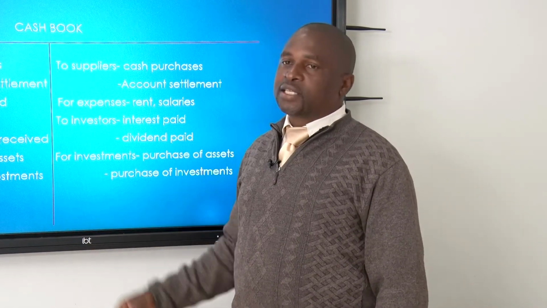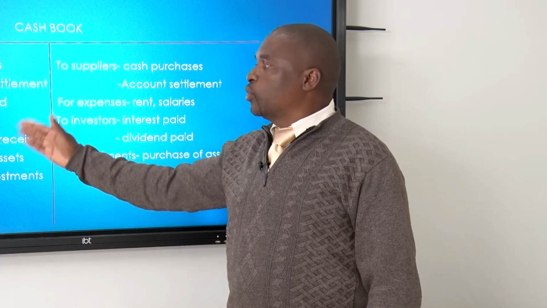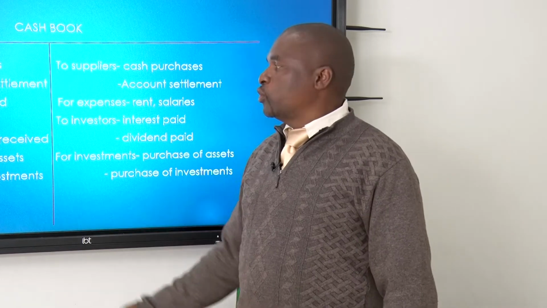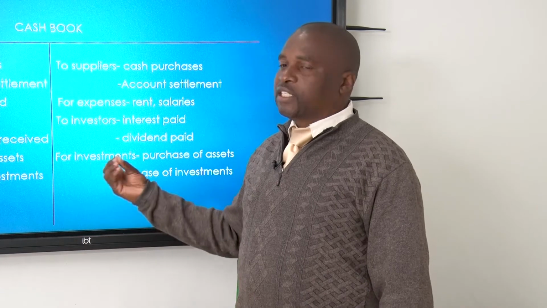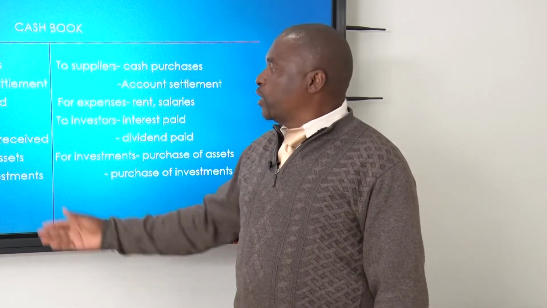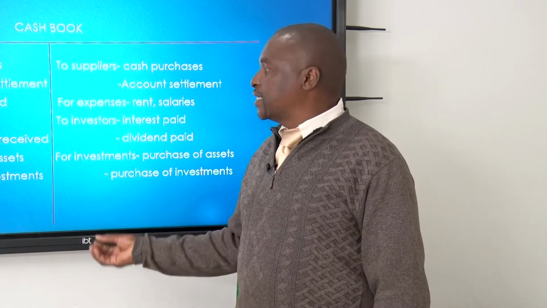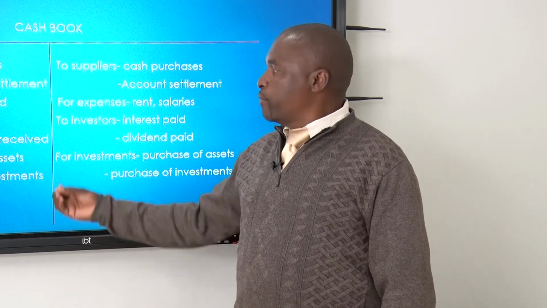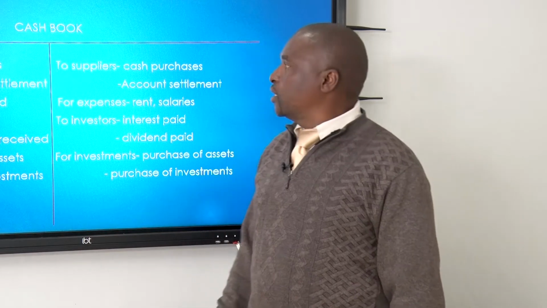So this rent that is received is debited on the left side of the cash book. From other investments, you might get interest and dividends received. So the dividend received from those we have invested in is also recorded on the debit side. We can also sell our assets, especially the non-current assets. From the sale of those non-current assets, you receive money, and this money is entered in the cash book.